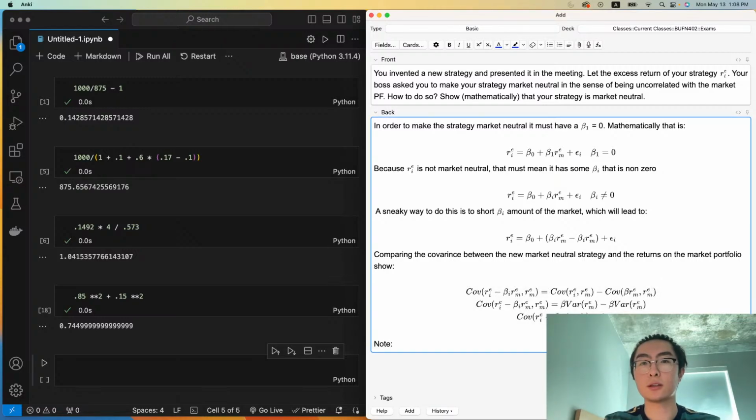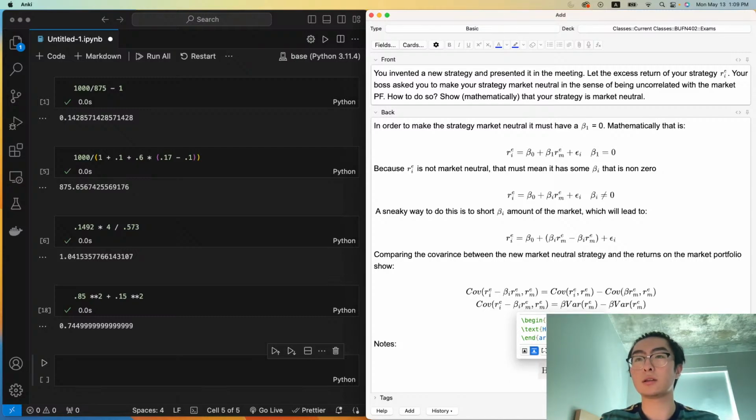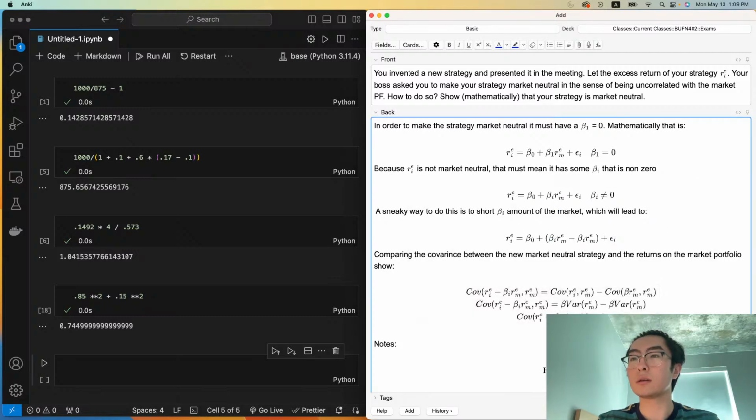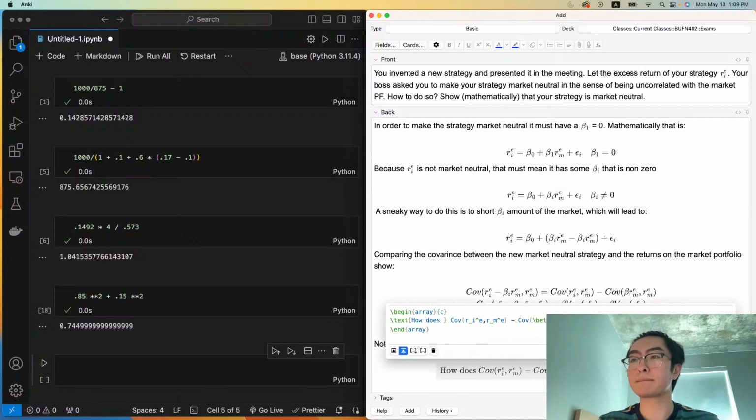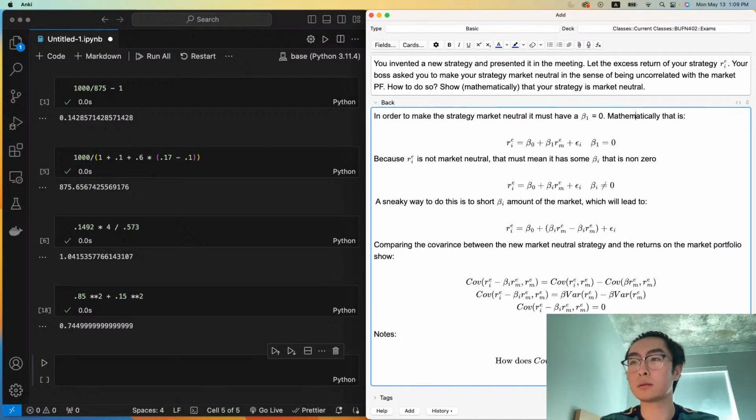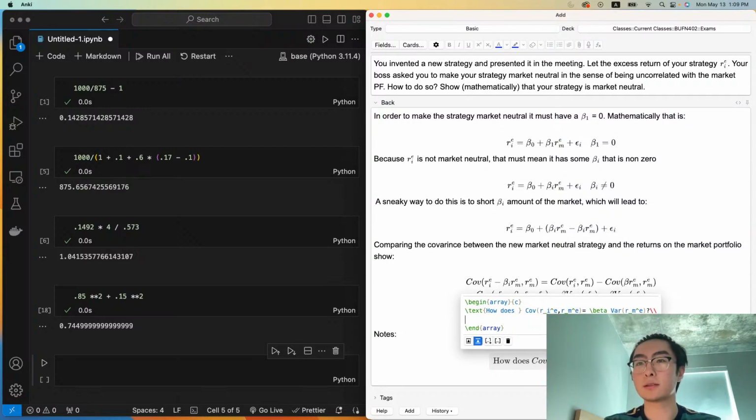So maybe some notes. Specifically, the correlation of R_i^e with R_M^e.